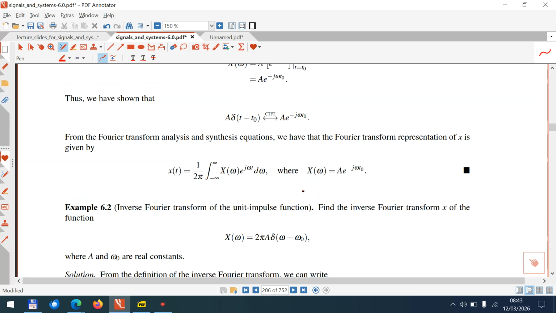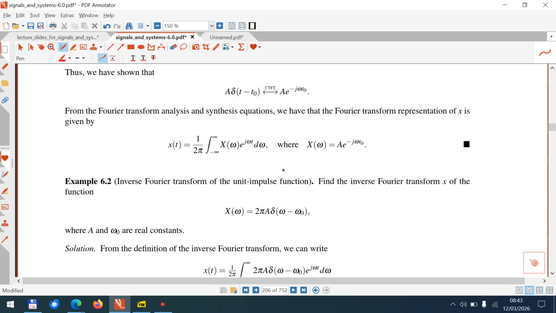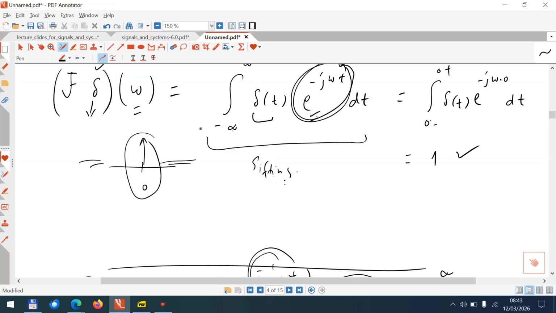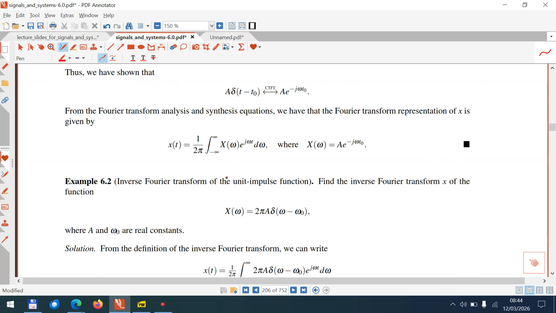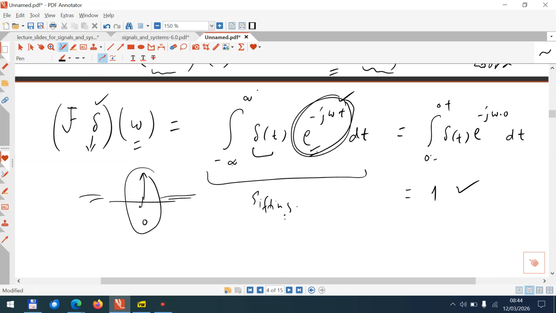Okay, let's try something else now. So I started with the impulse function, right?